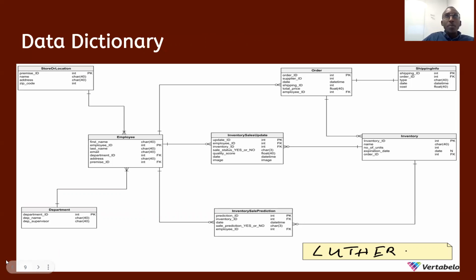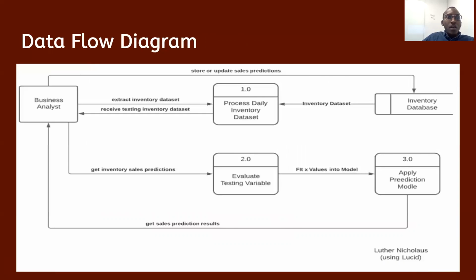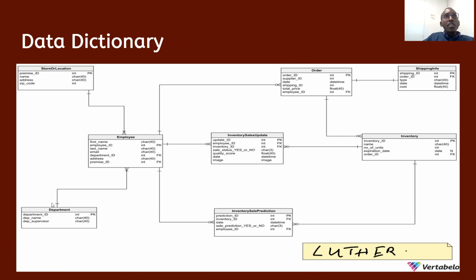For example, the attributes for the employee entity, which is represented in this table, include the employees' names, addresses, department, and email address. The first name of the employee can hold character data with the value range of up to 40.